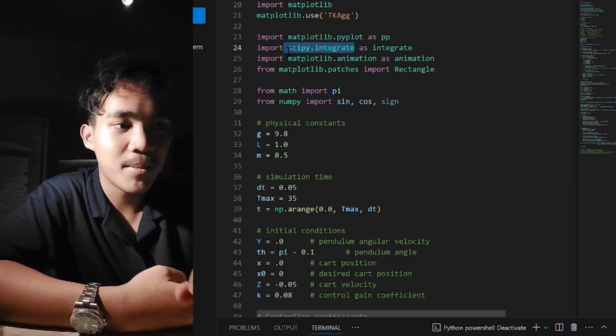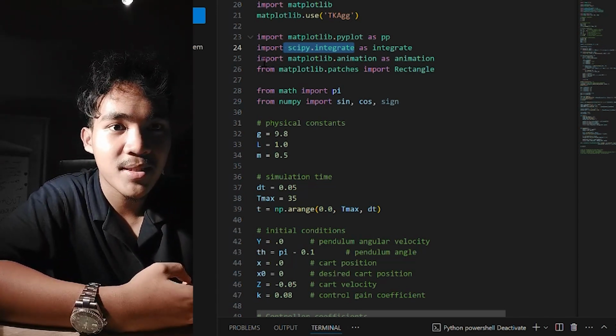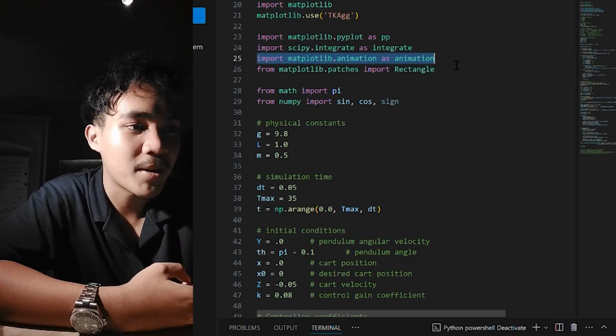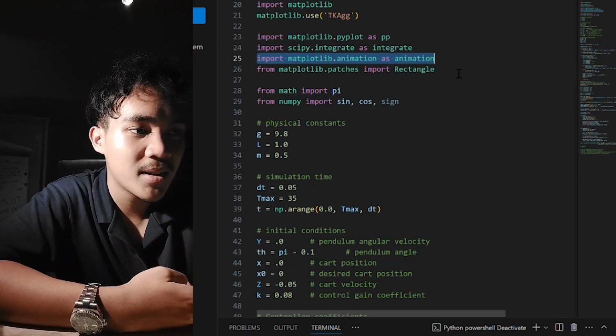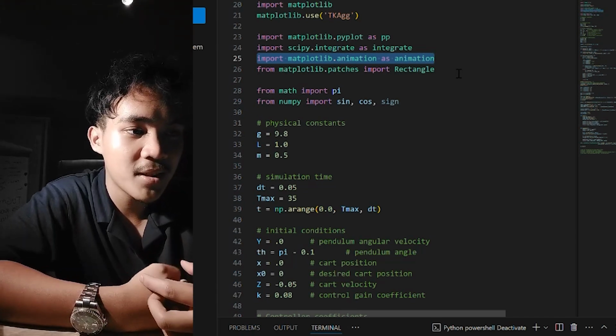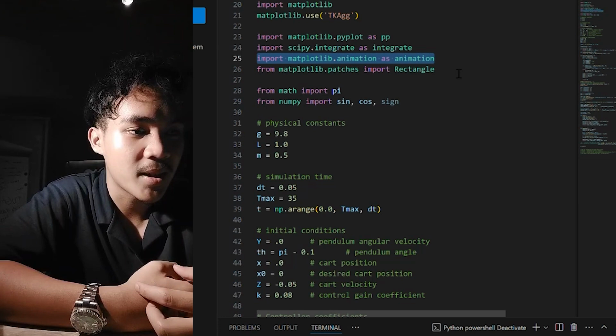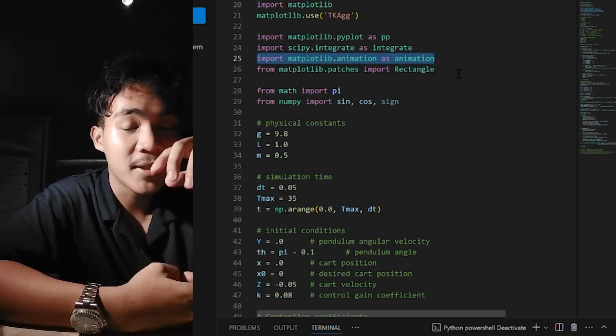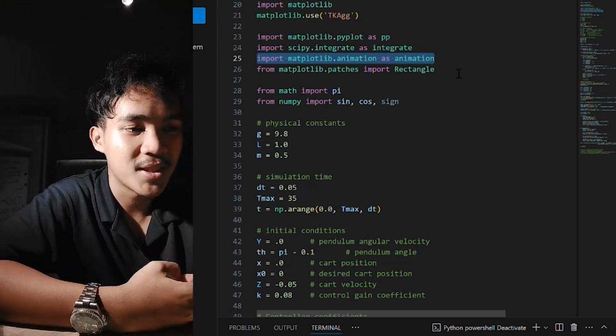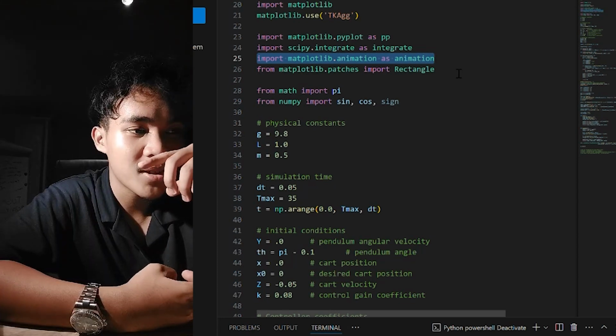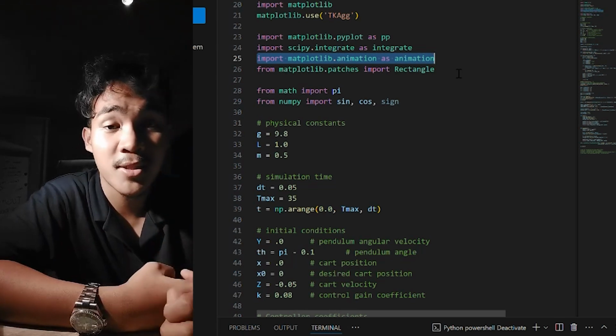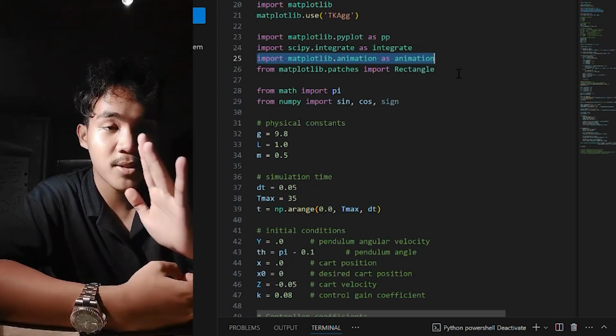And the animation is created by matplotlib animation, to visualize the cart movement, the pendulum oscillation, and display the time and energy. The simulation showcases how the two control strategies work together to achieve vertical stability.